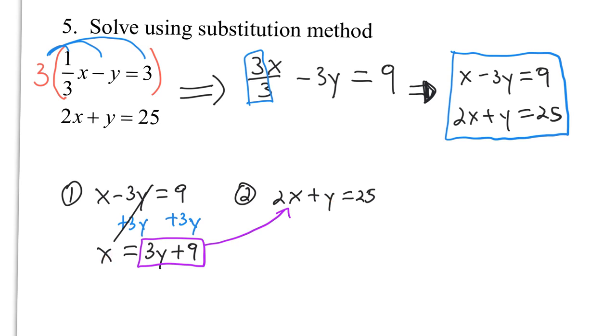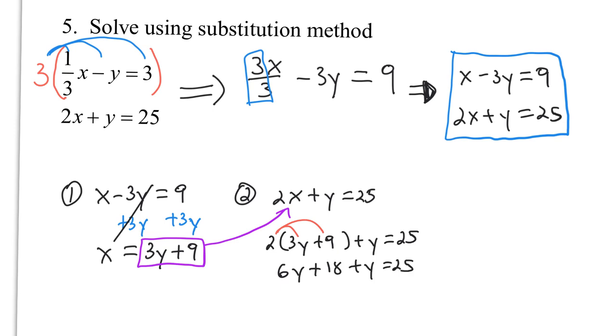But right now it's an x, so you substitute into the x. So we have 2 parentheses, 3y plus 9. You bring down the y and the 25. So now you guys distribute, multiply, and multiply. So we have 6y plus 18 plus the y equals 25, and solve.